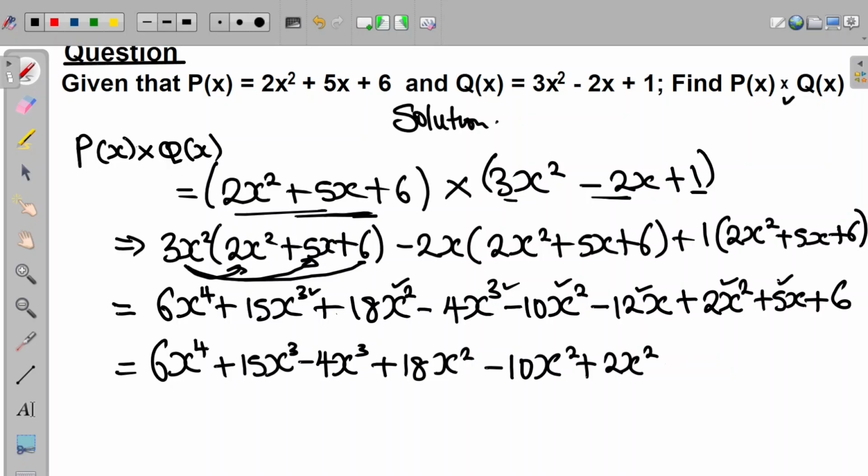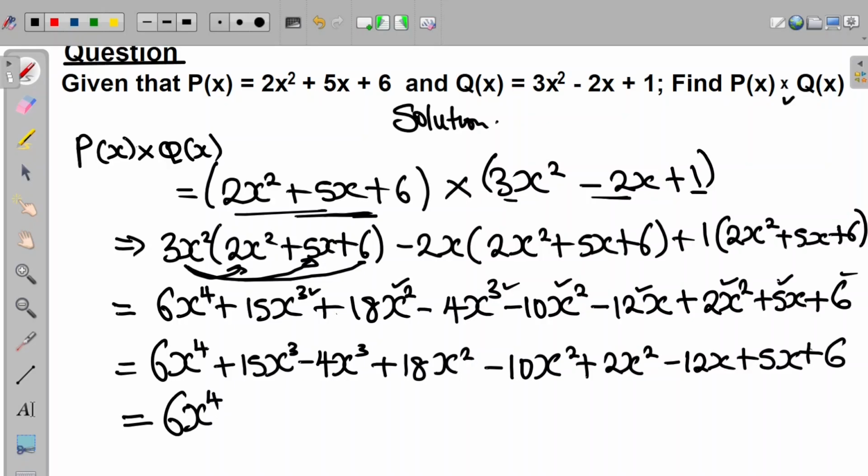So this becomes minus 12x plus 5x. Now, since we have only one constant here, which is 6, we say plus 6.